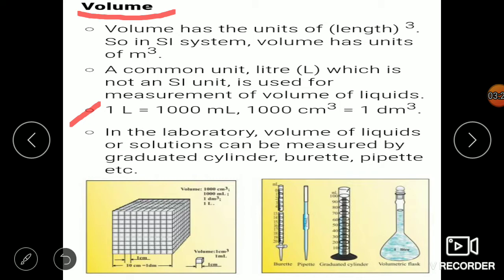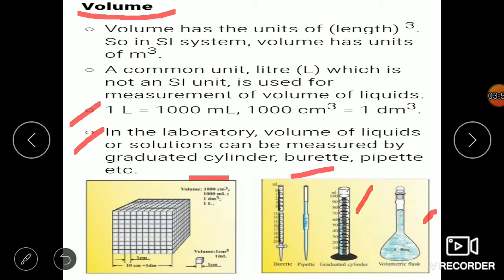In the laboratory, this point is also important. In the laboratory, the volume of liquids or solutions can be measured by graduated cylinders, burette, pipette, etc. So when we start the practical classes, I'll introduce you to these gadgets. But for now, just see here, this is your volumetric flask.